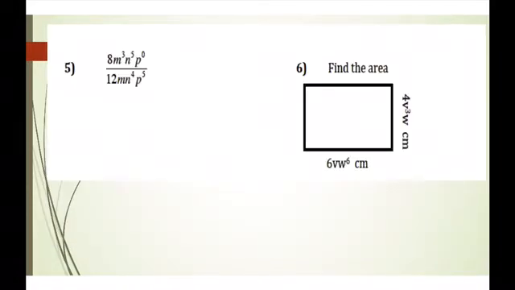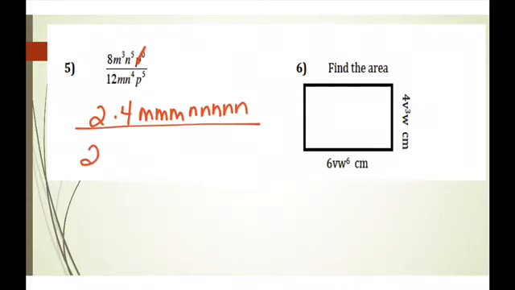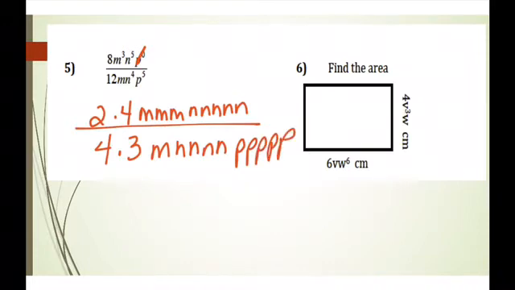Okay, number 5, p to the 0, that's just 1, and so 8 is 2 times 4. I like to do it this way when I'm showing people how to do it, because then they can see exactly what I'm doing. So you didn't necessarily have to do this, but I'm going to. And so I'm going to go through and cancel everything that's the same, top to bottom.